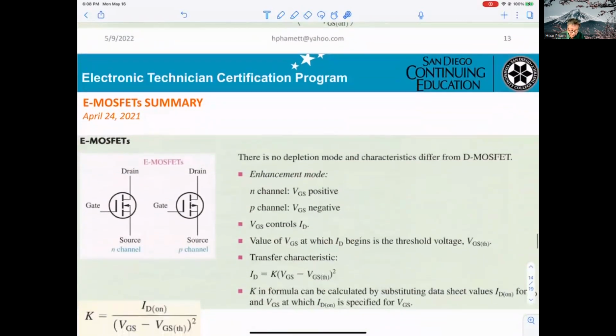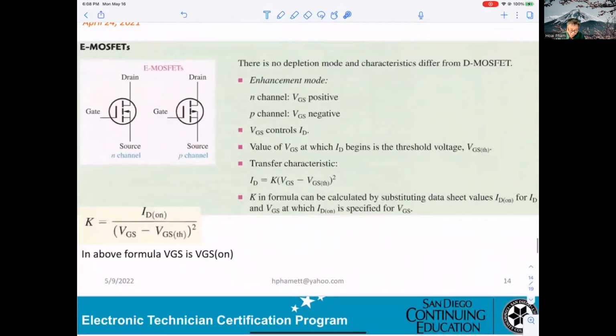That'd be good. For the E-MOSFET, there is no depletion mode, and the characteristics differ from the D-MOSFET. Enhancement mode: N channel VGS positive, P channel VGS negative, VGS controls ID. The value of VGS at which ID begins is the threshold voltage, VGS(TH).